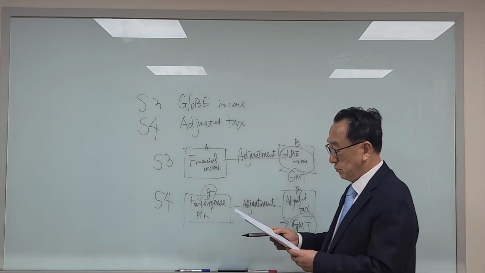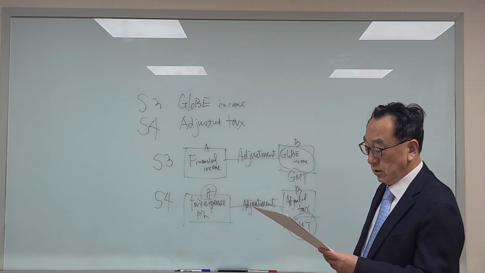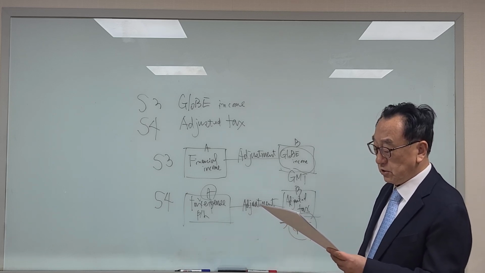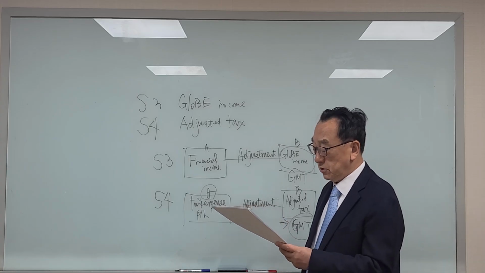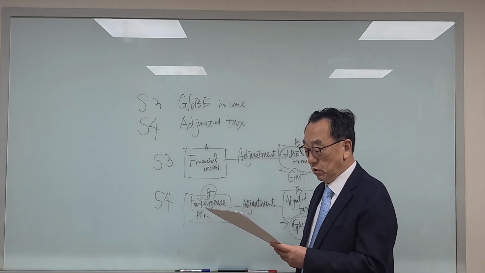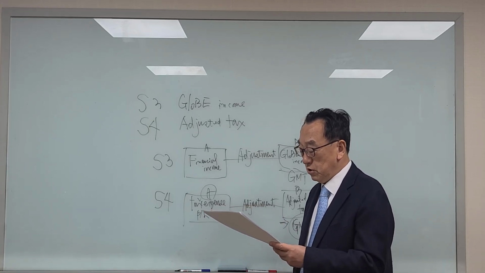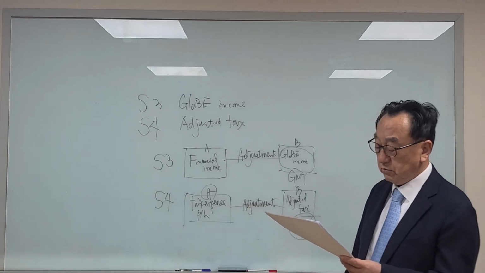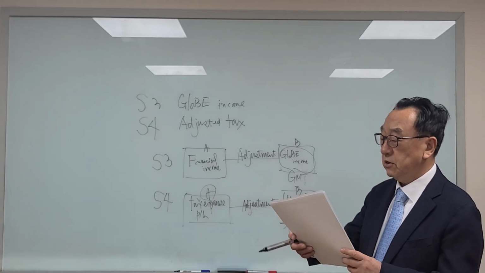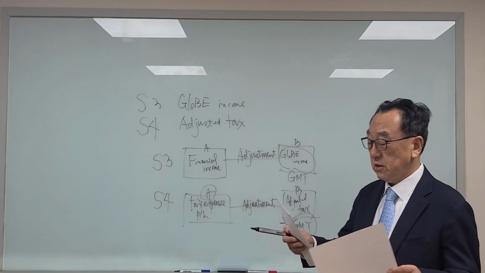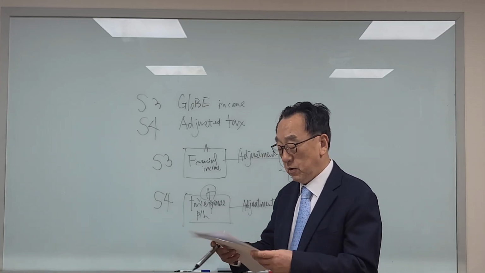And there are also some deduction items. Deduction item is current corporate tax expense for income excluded from the calculation of global income or loss pursuant to Article 66 of the Act, and some other items. There are 6 items mentioned in this law.